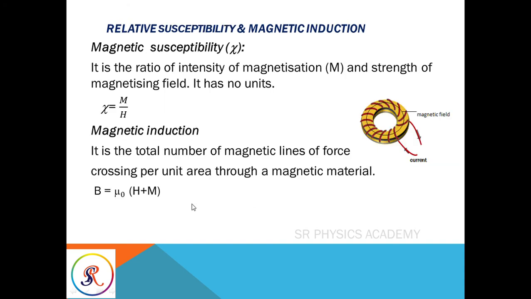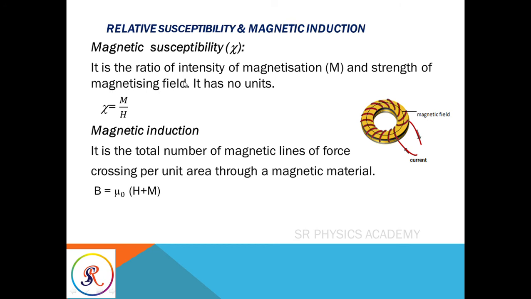Next is, what is magnetic susceptibility? It is denoted by chi. It is the ratio of intensity of magnetization M and strength of the magnetizing field.